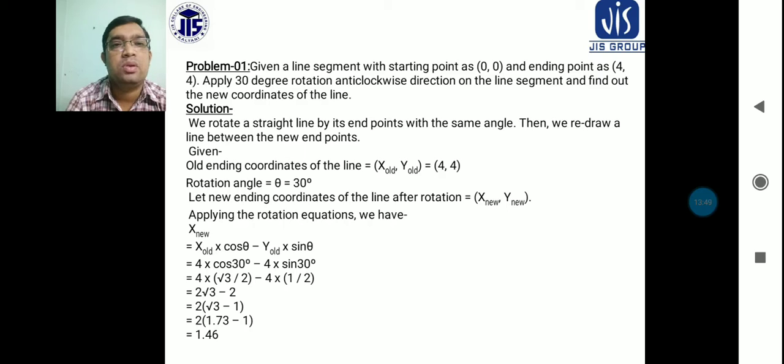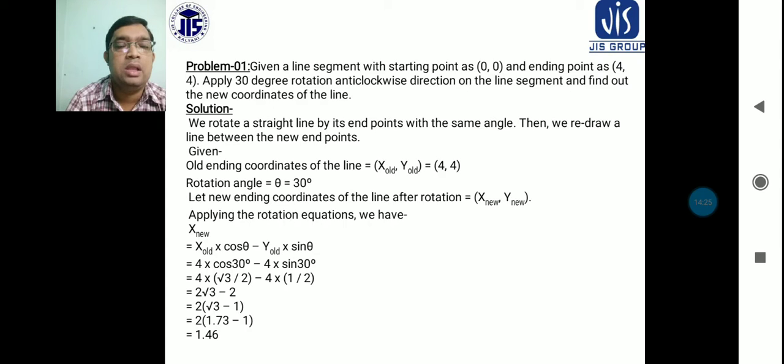Putting in the values, x new equals 4 cos 30 degrees minus 4 sin 30 degrees, which is 4 times root 3 by 2 minus 4 times half. Calculating this gives 1.46.